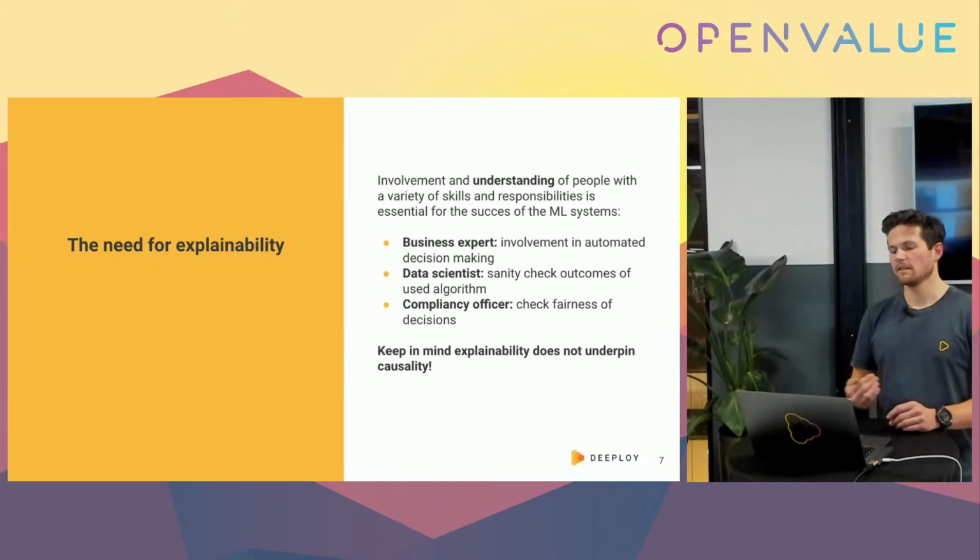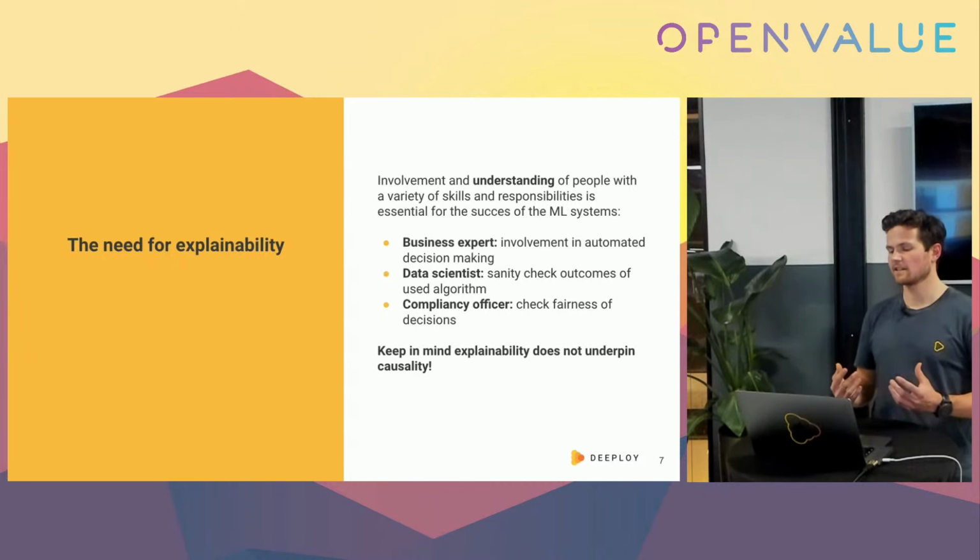And eventually, a next step is to involve compliance to check the fairness of these decisions. Really making sure the decisions are fair is still quite hard, and that's mainly because of the reason you see on the slide as well.